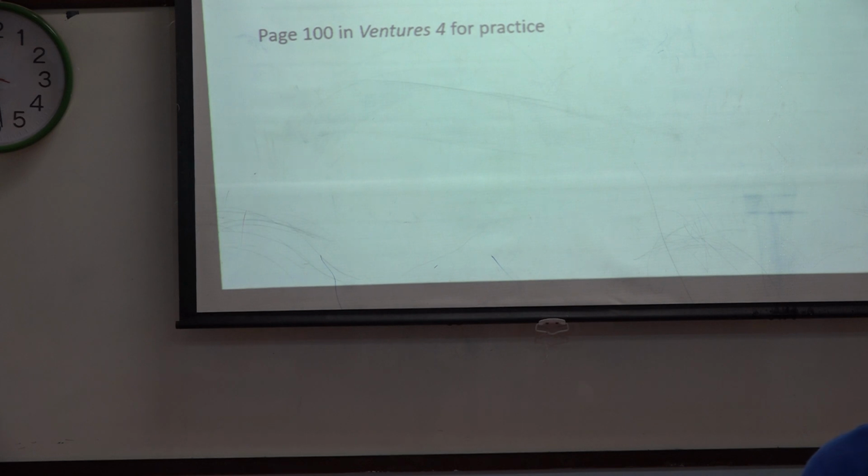If it has an ed on it, then we're describing a feeling. If it has an ing on it, we're describing a person or a thing. So, I'll do the first one. I heard that Juan and his friends went to a party after work. How was the party? It was really exciting, because exciting is modifying party.